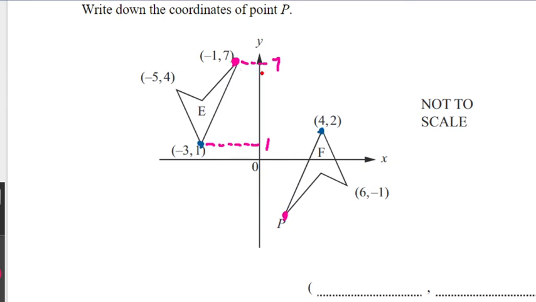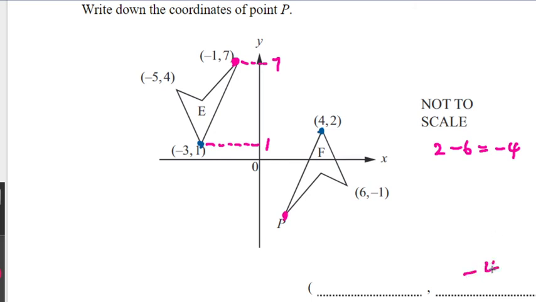So which means the difference from here to here is 6, isn't it? Okay, so for this point, from here to here must be 6 also, right? So how to get 6? You just use this 2 here, you minus 6. Okay, 2 minus 6, you get negative 4. So this is your Y coordinate.